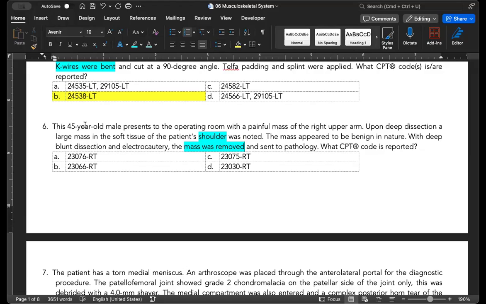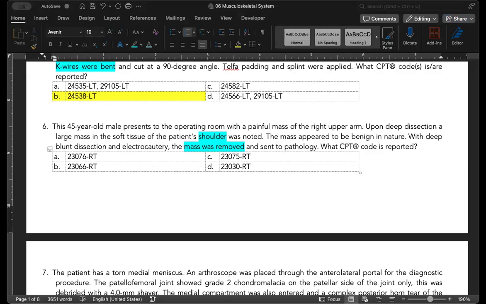And then the 23076 family is going to be for excision, tumor, soft tissue of the shoulder area, subfascial. So what do you think we've done here? Do you think this is going to be a subcutaneous or a subfascial?